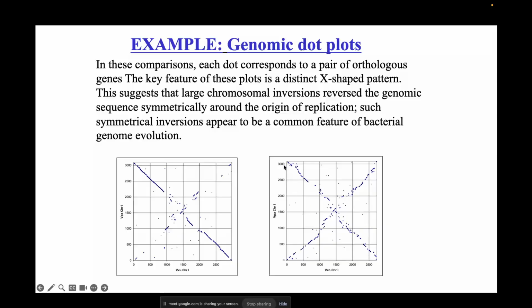So if position A1 to A2 matches with position A2 to A1 here, you'll have these offset diagonal lines which are going to be perpendicular to your leading diagonal. So this will tell you that there's an inverted sequence match between protein A versus protein B or gene A versus gene B. So if you do it for the whole genome, you see very interesting patterns across the genome.